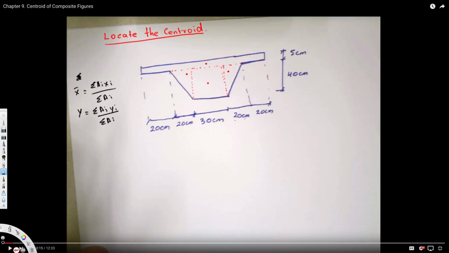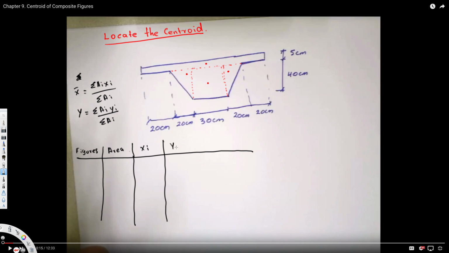Then let's create a table to find the areas and all these values. First of all, I create the table right here. The first column is figures, then area, then I have to calculate xi, yi, then AiXi, AiYi.